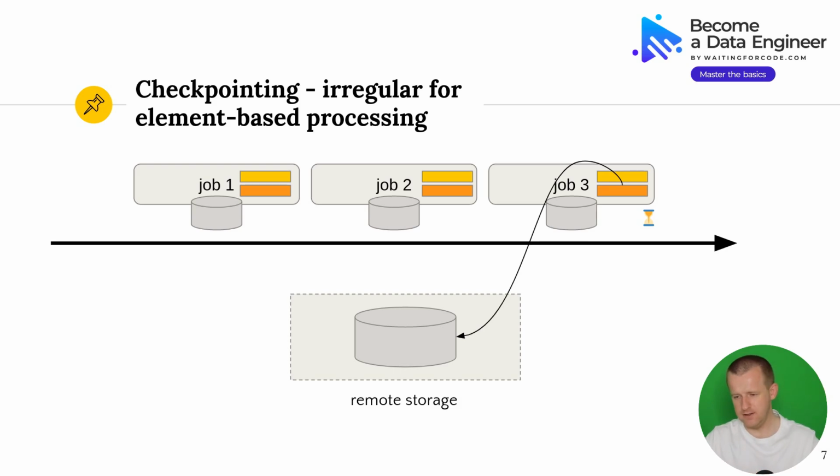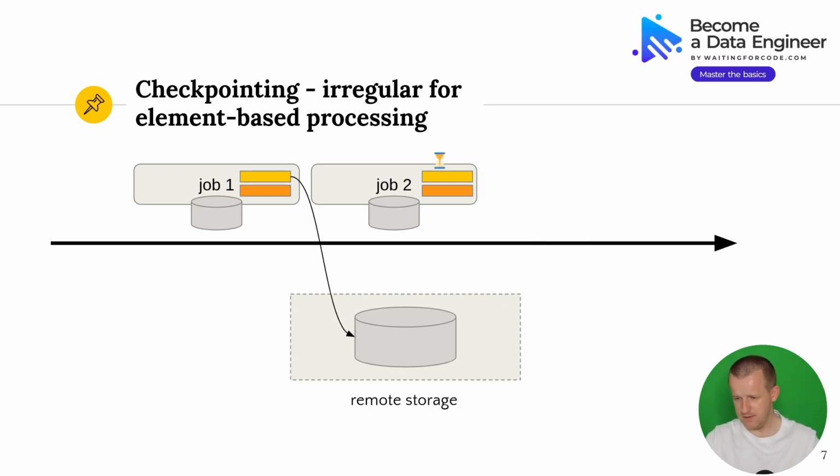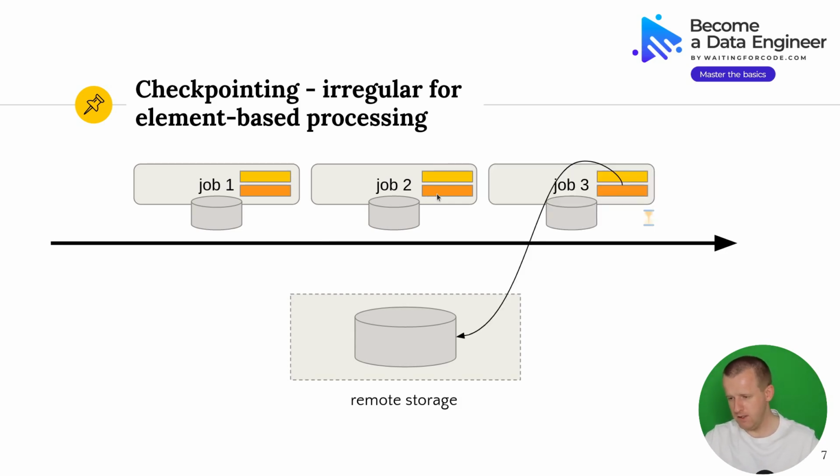You can see that the yellow task does nothing in the second job because it's currently checkpointing, but the orange task is processing the data, and only in the next job does the orange task start checkpointing. So the checkpoints may have different event time alignment.